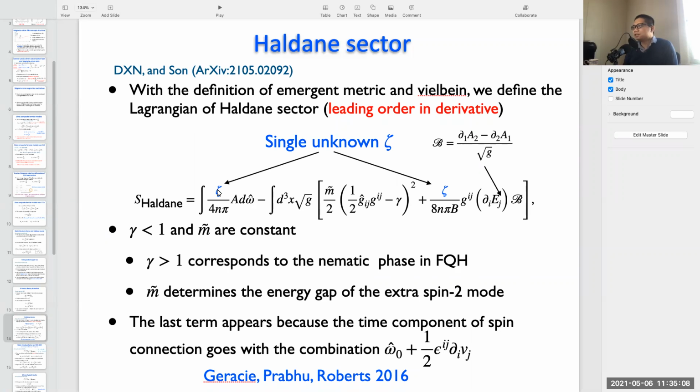To calculate the structure factor, you can look at the paper by Son and Andrey. They also calculate S4 from this Lagrangian. Even in my paper I say to look at the Andrey and Son paper for the calculation. I just quote the result. I see. Great. Thanks.